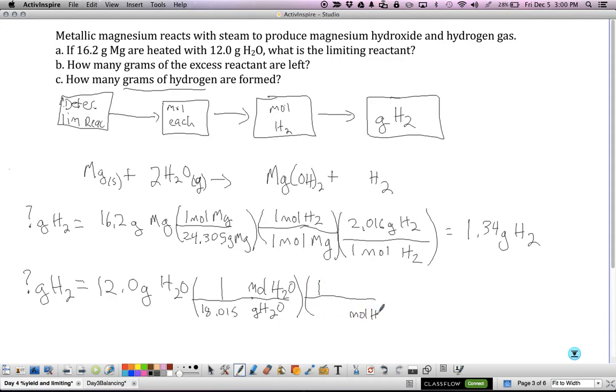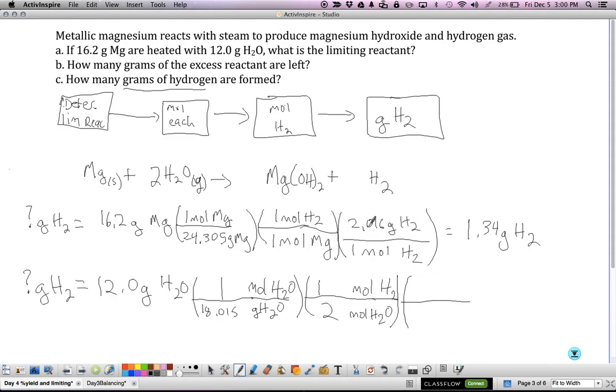Okay, and then I'm going to put moles H2O on bottom. And I'll convert from moles of H2O to moles of H2 using the mole ratio. So it's 1 to 2, 1 over 2.